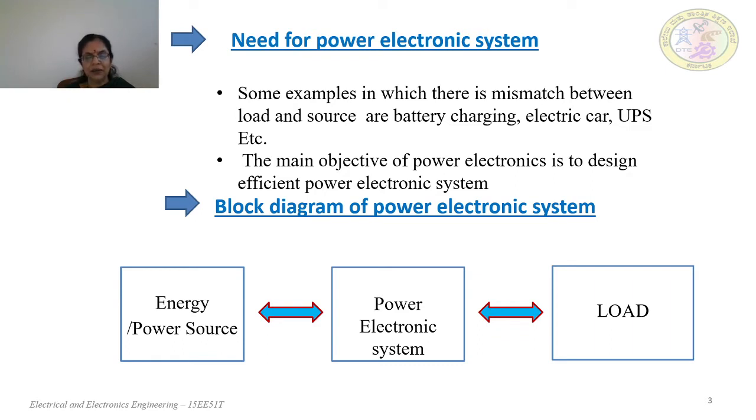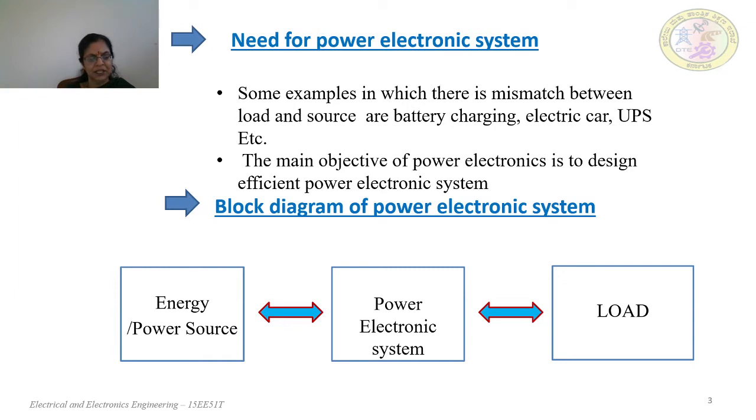So the power electronic system may be converter, which converts AC to DC, inverter which converts DC to AC. We may have source at one AC level, load may require AC at other level. So for that purpose, we'll be using what is known as cycloconverter.